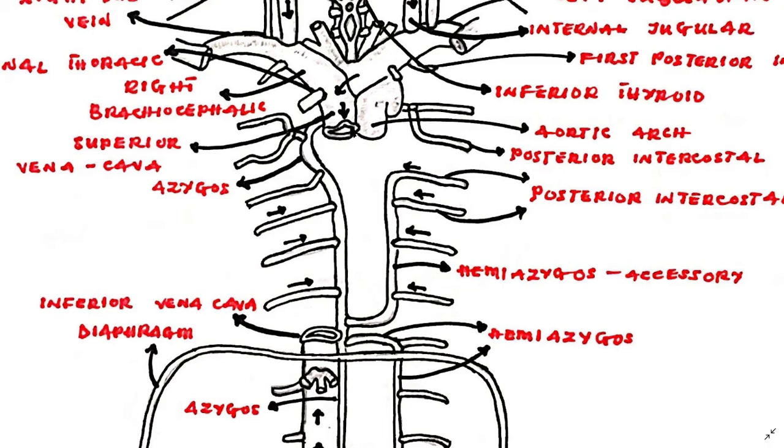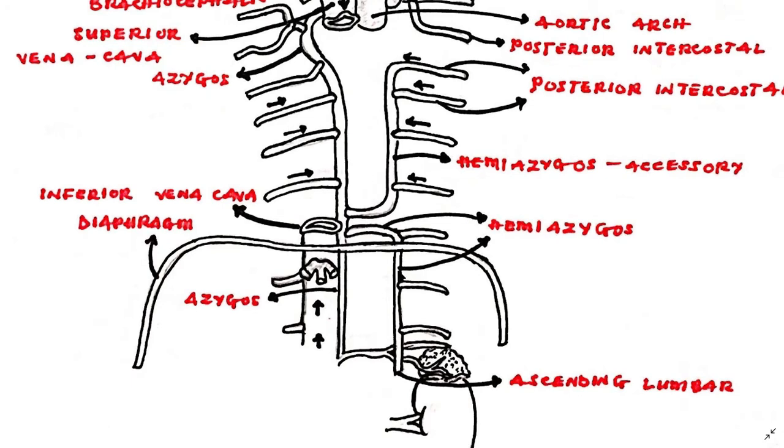The hemiazygos vein and the accessory hemiazygos vein, when taken together, essentially serve as the left-sided equivalent of the azygos vein. That is, the azygos vein serves to drain most of the posterior intercostal veins on the right side of the body, and the hemiazygos vein, together with the accessory hemiazygos, drain most of the posterior intercostal veins on the left side of the body.